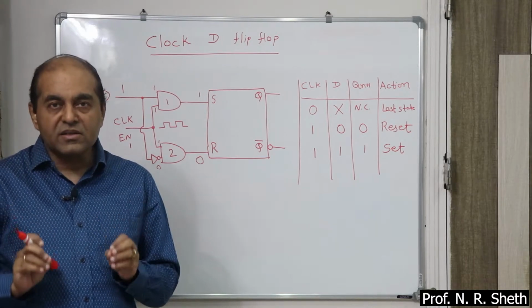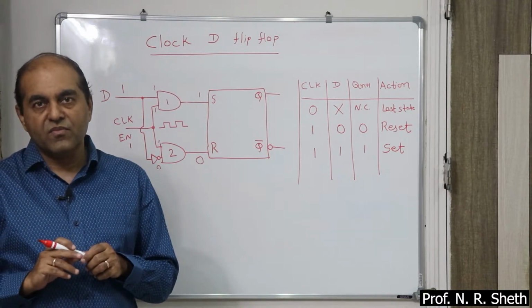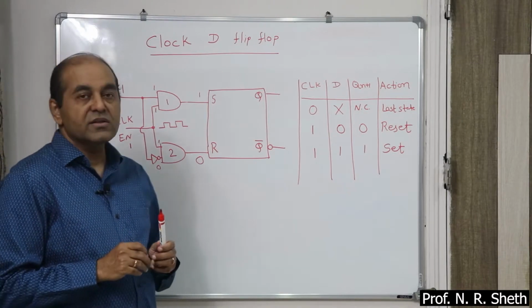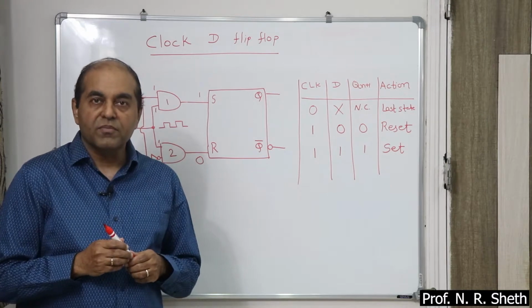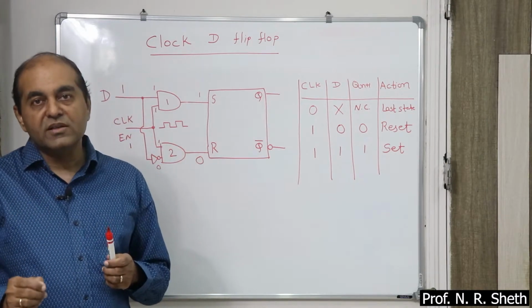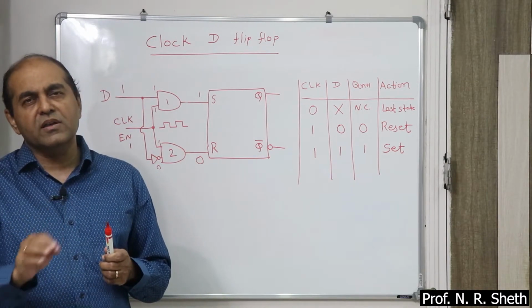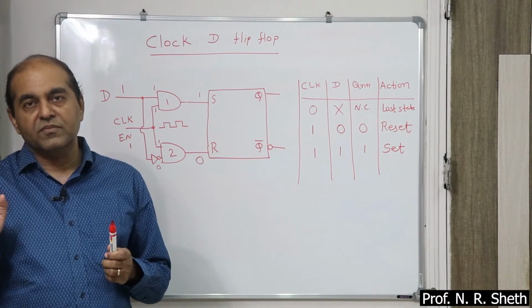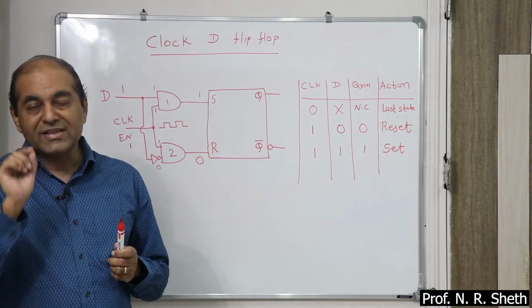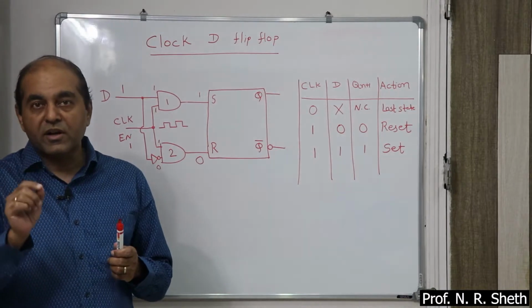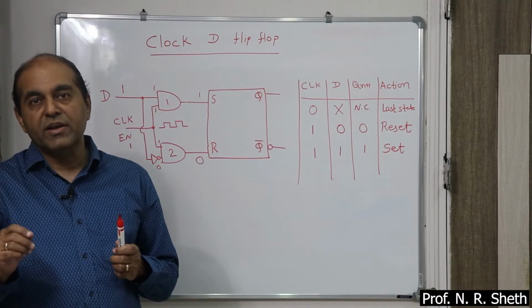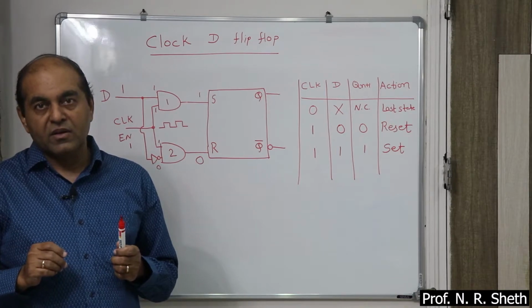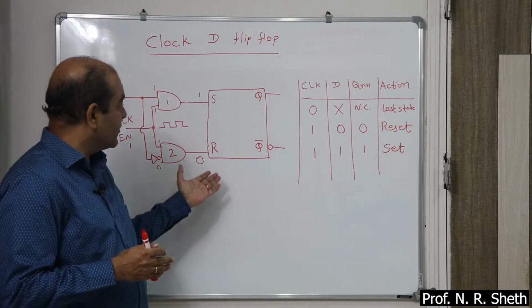So, the biggest disadvantage of RS flip-flop, that forbidden state, is very easily eliminated. So, in the permanent memory section of your computer, that is read-only memory, this flip-flop is used.